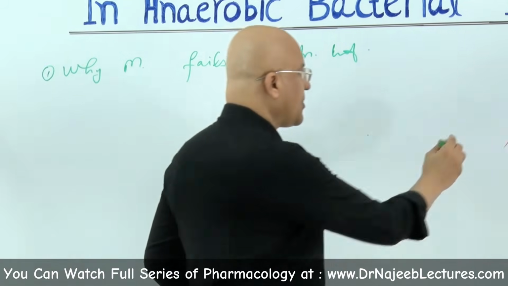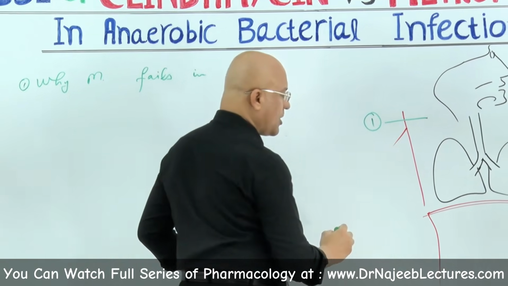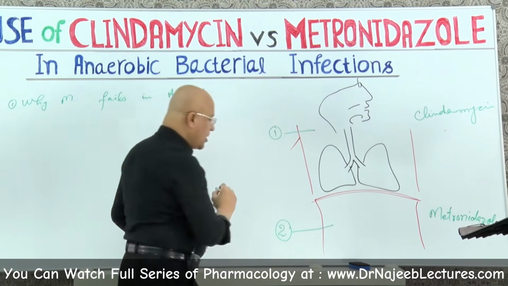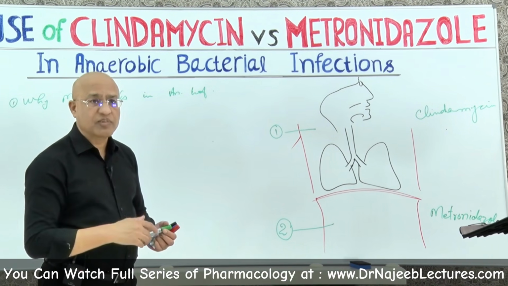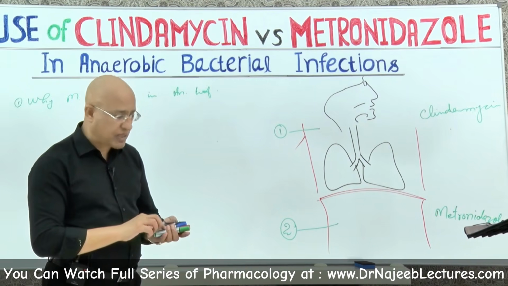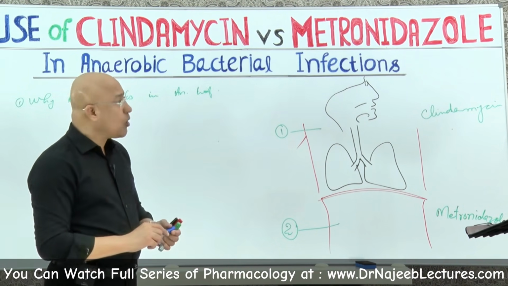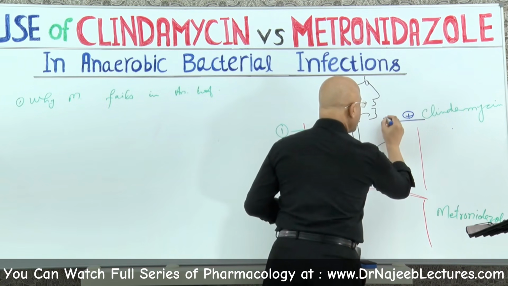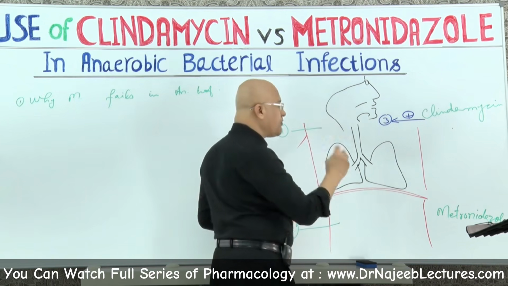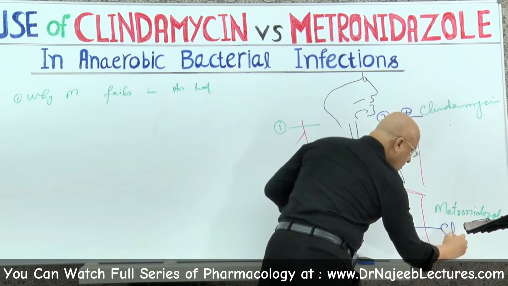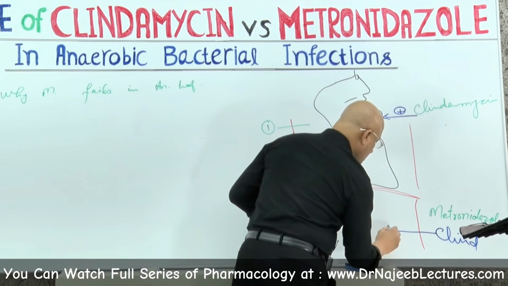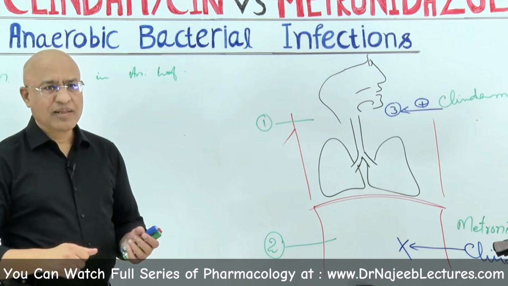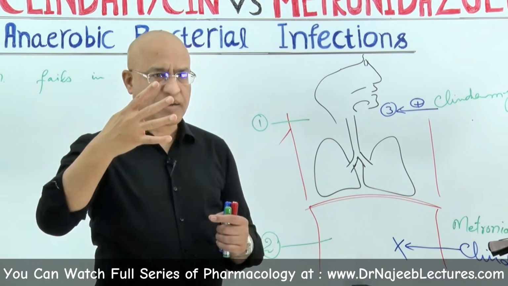Question number 2: why is metronidazole more successful in anaerobic infections below the diaphragm? Question number 3: why is clindamycin more successful above the diaphragm? And question number 4: why is clindamycin not preferred below the diaphragm? So these 4 questions we have to answer.